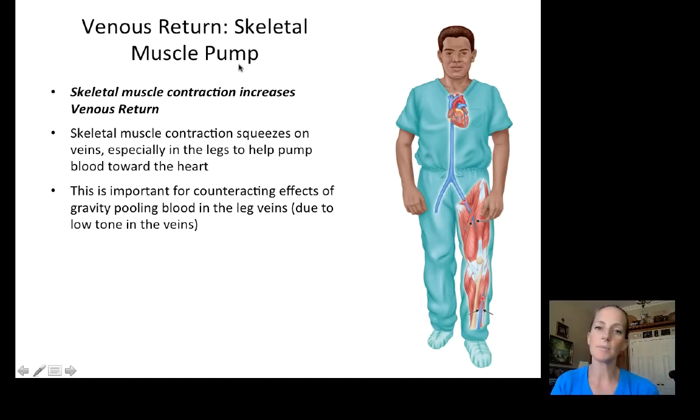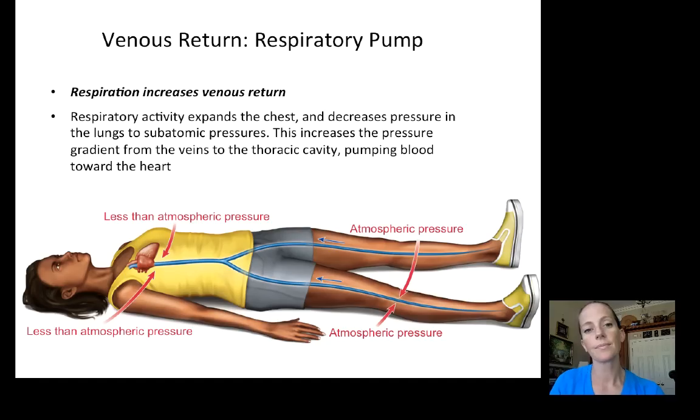We also have a similar idea, the skeletal muscle pump. If we squeeze on the veins a little bit more by squeezing the muscles surrounding the veins, then that will help to pump blood back towards the heart. Then we also have a respiratory pump. This is because as the chest expands and decreases in pressure, it will increase the pressure gradient from the veins to the chest cavity.